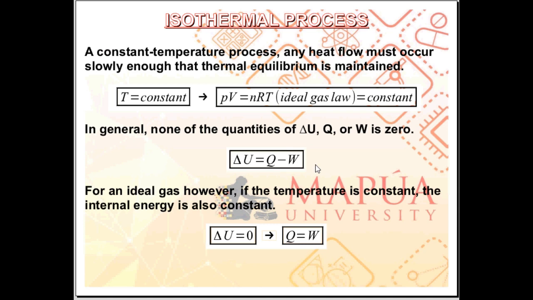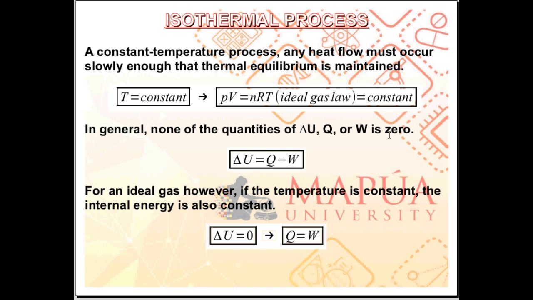Note, however, that for an ideal gas, if the temperature is constant, the internal energy is found to be constant, which means delta U is zero. So for an isothermal process, in general, delta U may be any value.